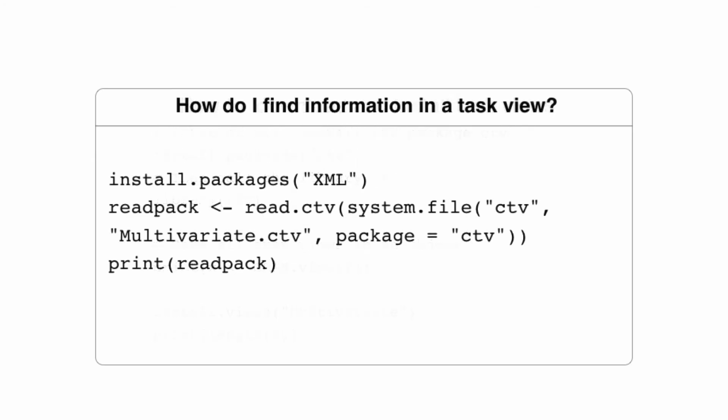So once you have installed a task view into your system, there is a very natural tendency that you would like to read the task view. And ideally, there are a number of different ways in which you can read the task view. You can either use the web interface of a CRAN task view on the website to read them.